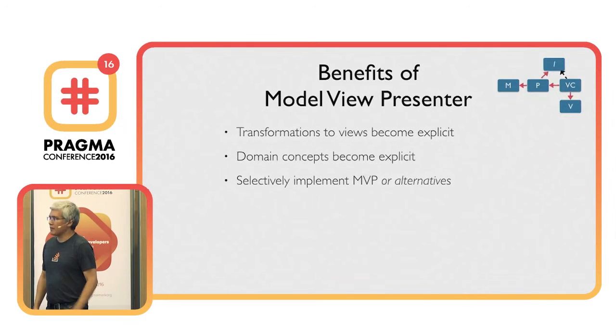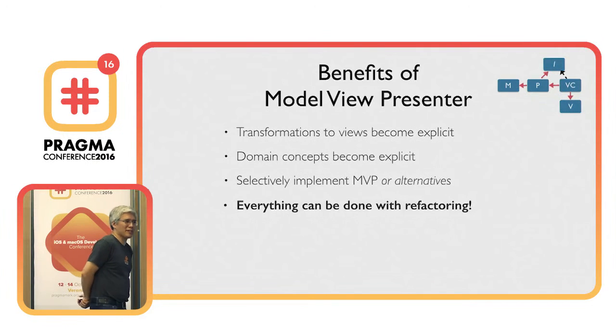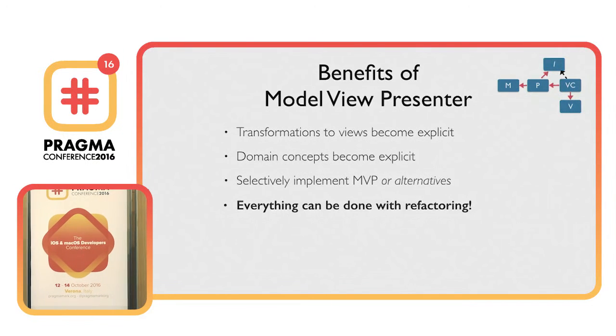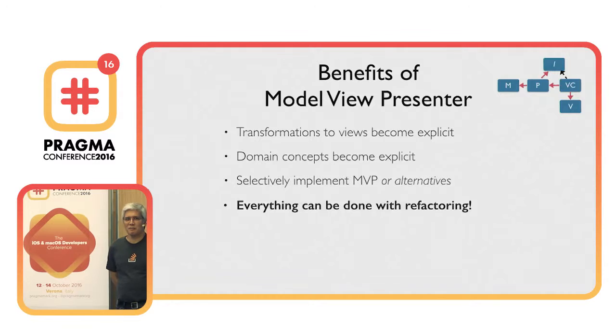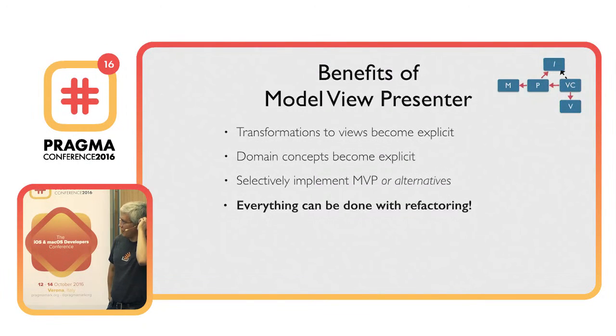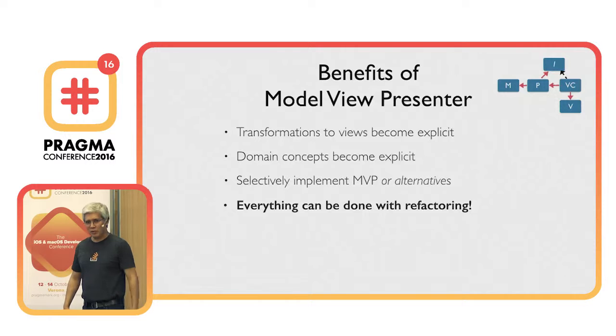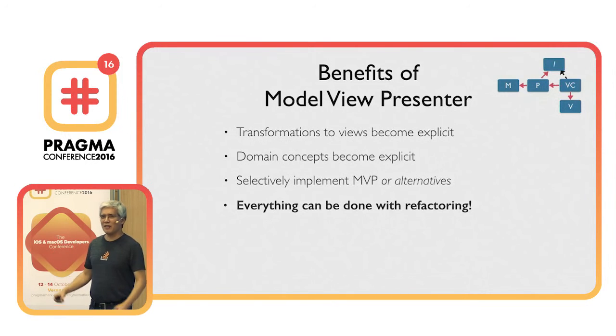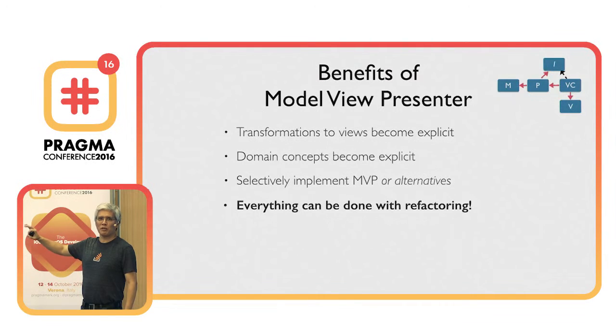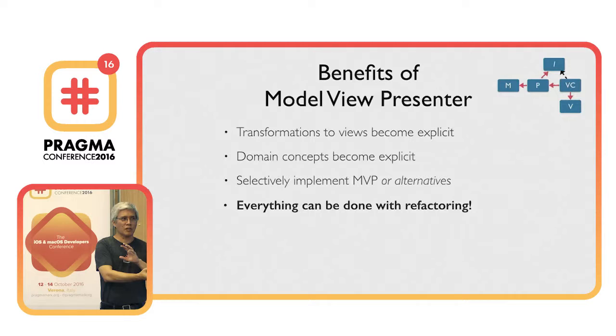But maybe the hidden message of this presentation, maybe the point that I didn't realize when I was writing this was actually the big point, is refactor, really get better at this. And that everything that I showed you could be done with refactoring. I think to transform something to MVVM, it could also be done.